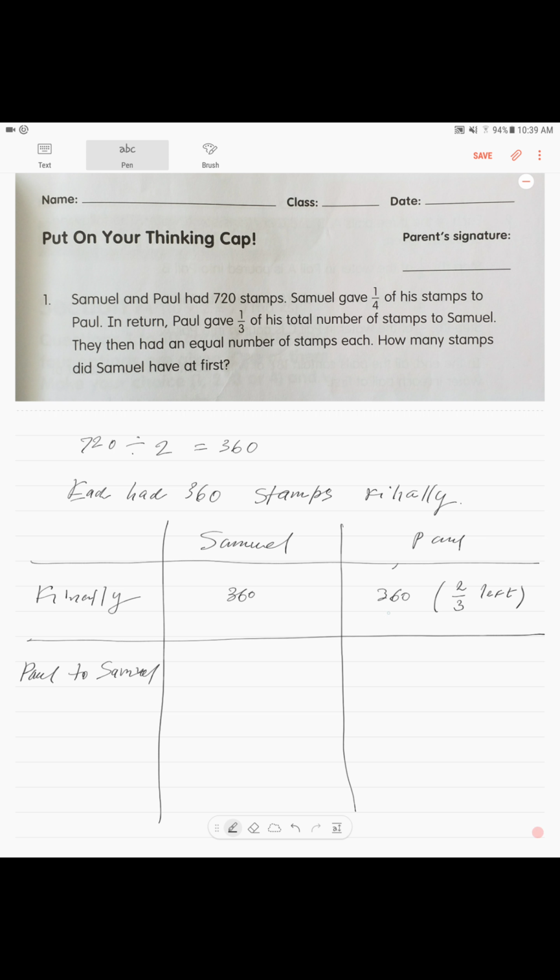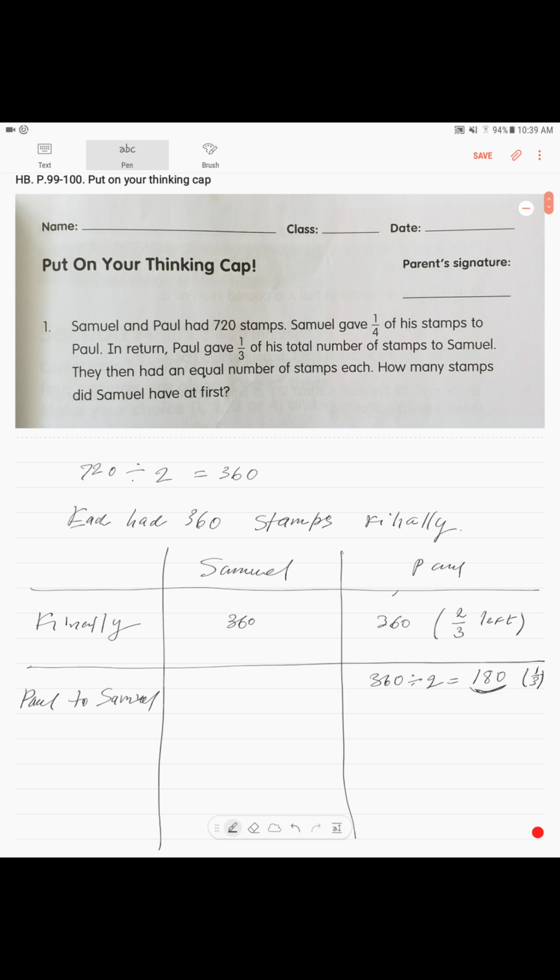If 360 is 2 over 3, then what is 1 over 3? 360 divided by 2 is 180. This is 1 over 3 that he gave away. So 360 plus 180 is actually 540.